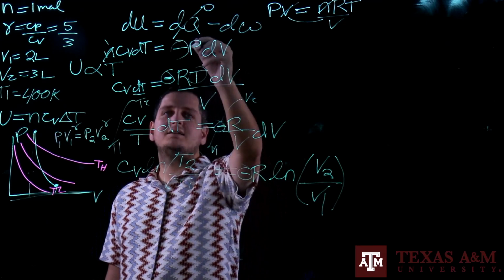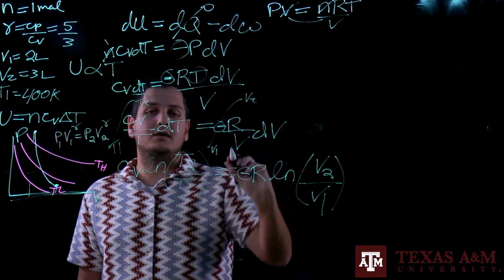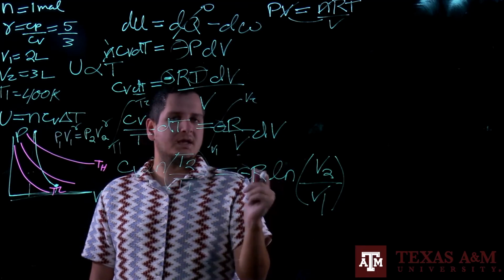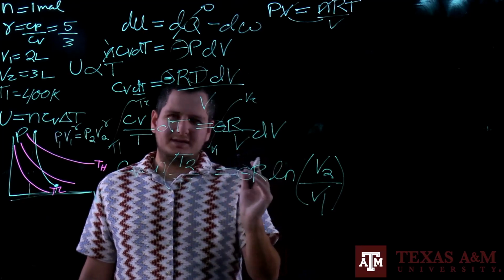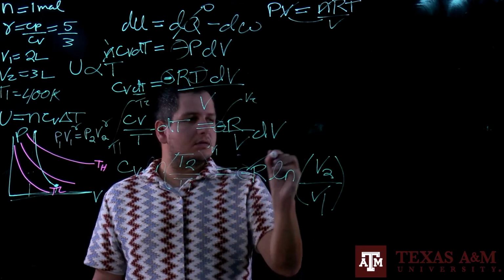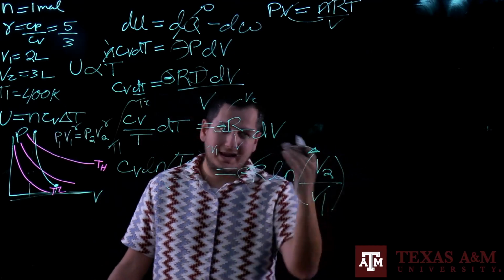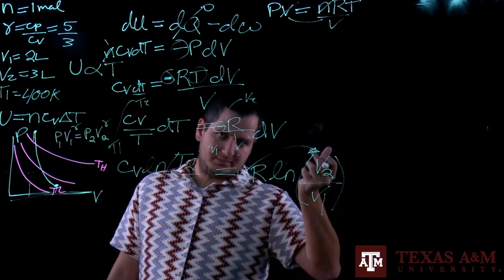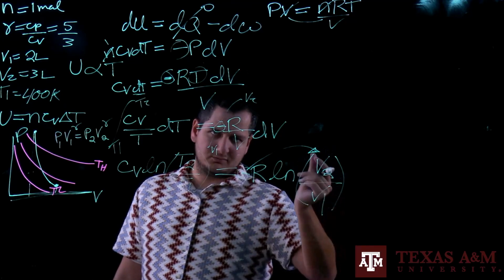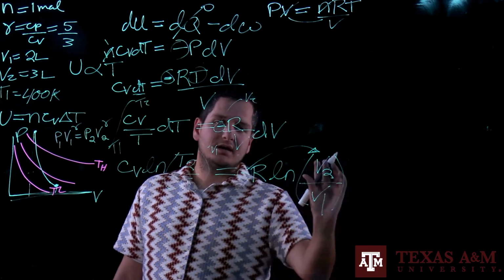Do we see the negative from the minus P dV should just follow? And then to get rid of this, because negatives are problematic, it's hard to carry them around. If the negative goes in here, you flip. Remember your logarithm rules, you can do the inverse of the argument in here.